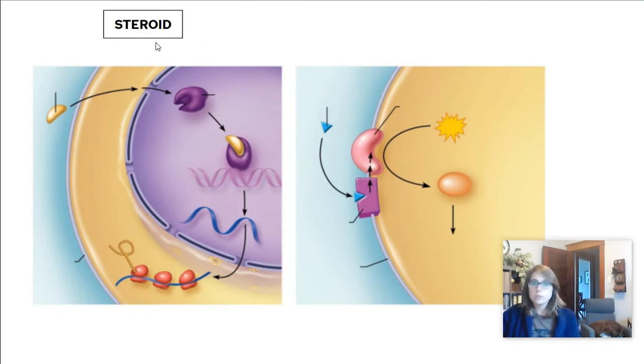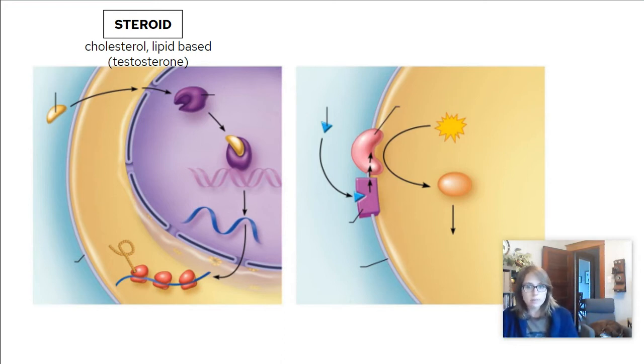So this first picture is steroid-based hormones, and these are going to be things that are cholesterol-based. This is just chemically describing them, or lipid, which is a type of fat. Hopefully you remember that from biology. Testosterone is an example of a steroid hormone.